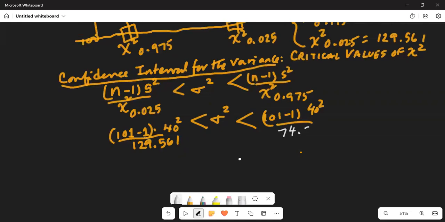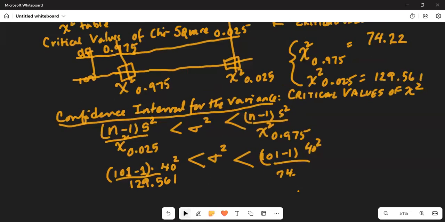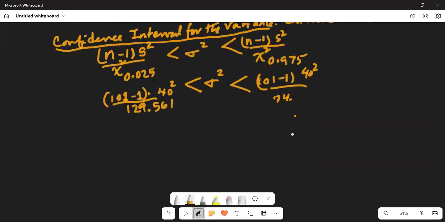Oops, let me change the color of the ink back to what I was using before. So let me go to this ink and write it over here, let me make sure I'm writing the correct value, 74.22.